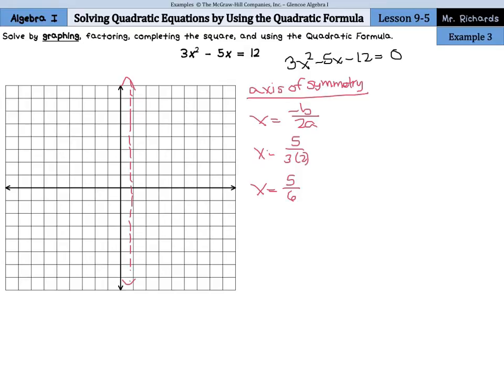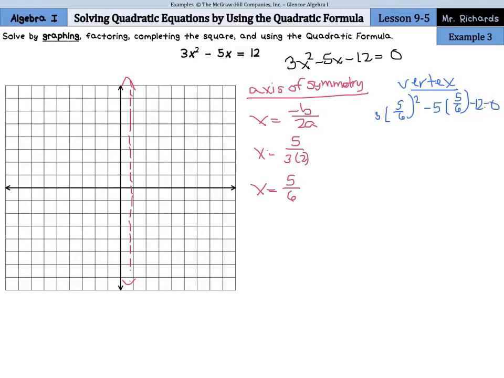And now we can look for our vertex. We'll put 5/6 back into this equation, so 3 times 5/6 squared minus 5 times 5/6 minus 12.